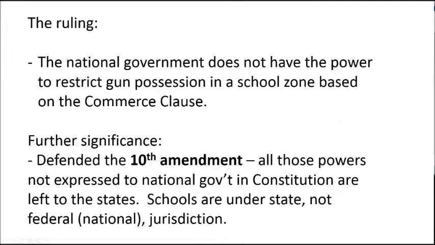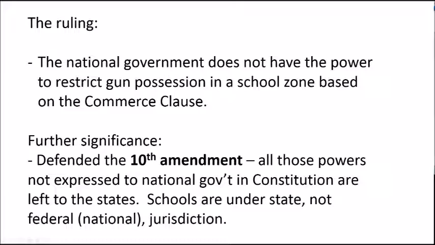If we look at the ruling, the Supreme Court decided, and this is one of the very few times that the Supreme Court has ever used judicial review and overturned an act of Congress that was based on the Commerce Clause. Because a lot of the laws that Congress passes, very often they use the Commerce Clause to justify those.